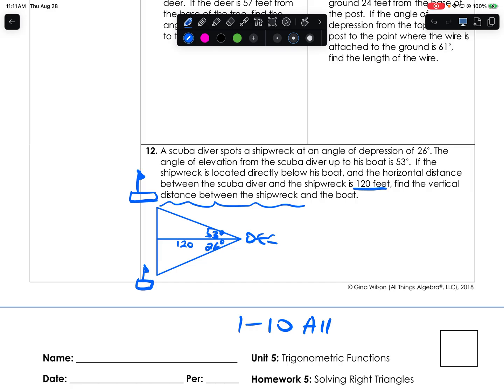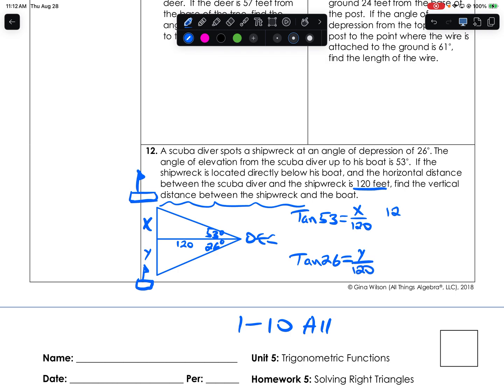Okay, so we want to find, we'll say, from the scuba diver up to the boat is X, and from the scuba diver down to the shipwreck is Y, and then we'll solve. So we got tan 53 equals X over 120, for that equation, and tan 26 equals Y over 120.